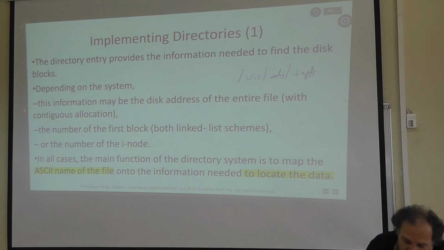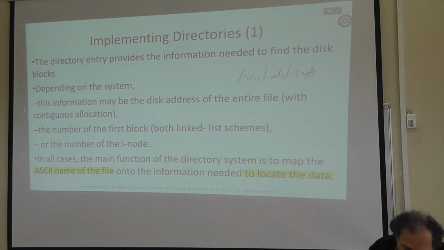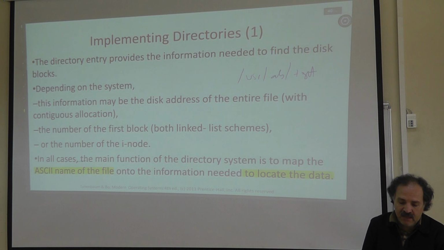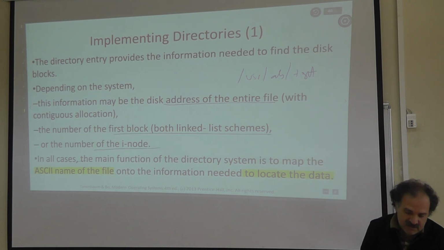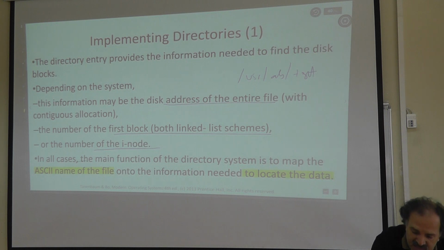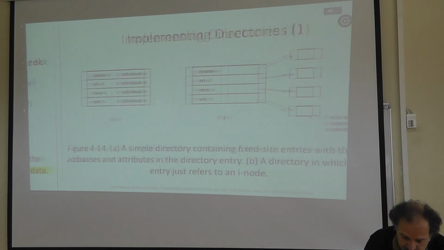Okay, so take this ASCII string and convert this into either disk address or block number or the inode address. So get this string and give me a disk address or the block number or the inode. This is the function of the directory.